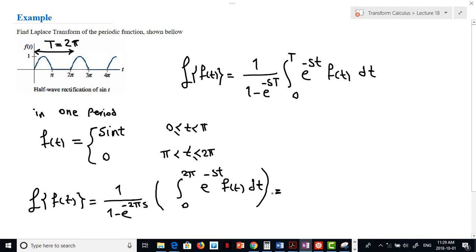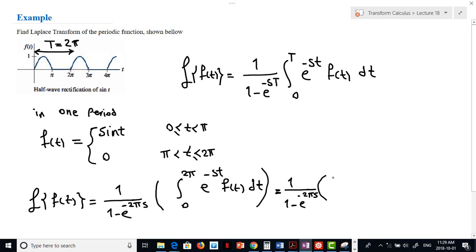It's equal to 1 over 1 minus e to the power of minus 2 pi s times... so the function has two equations. When t is between 0 and pi, we have sine t.